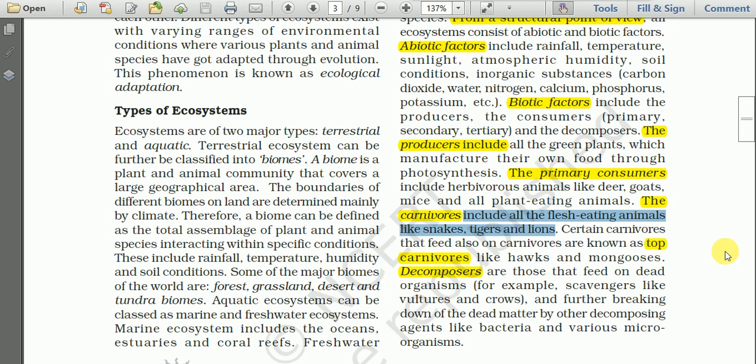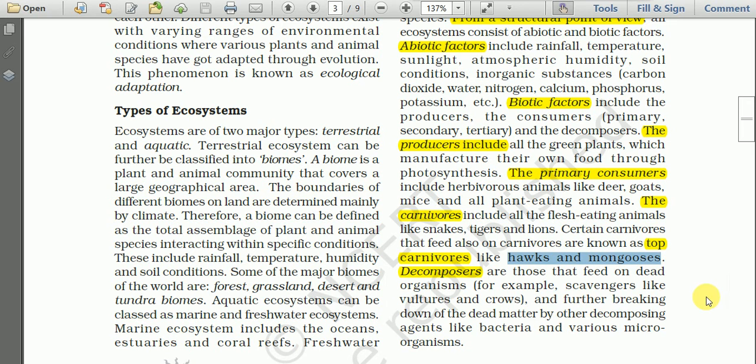Certain flesh-eating animals also feed on other carnivores, and those are known as top carnivores. We have examples of hawks and mongooses. Hawks and mongooses are examples of top carnivores.